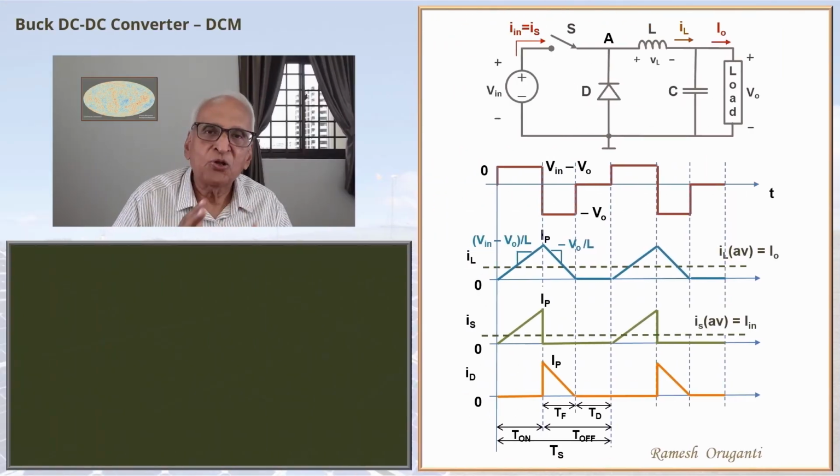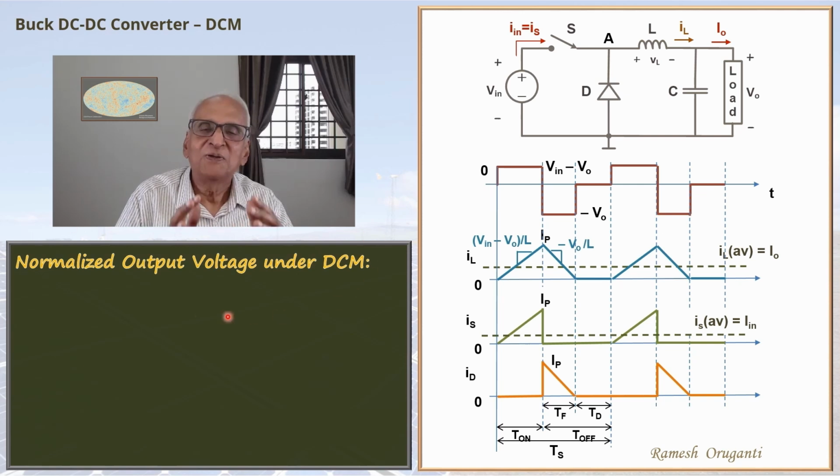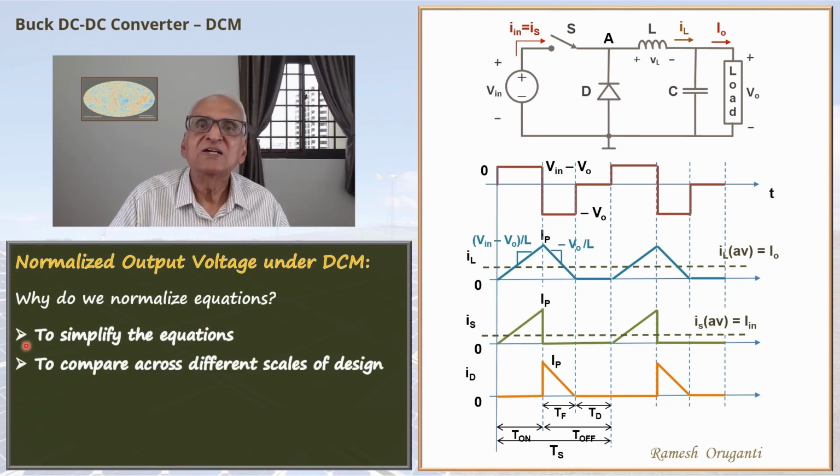Next, we will normalize this equation in order to express it in a simple form which is useful across scales of design. So one converter may be working at a particular frequency and delivering a particular output. Another converter may be operating at a different frequency and delivering a different output power.